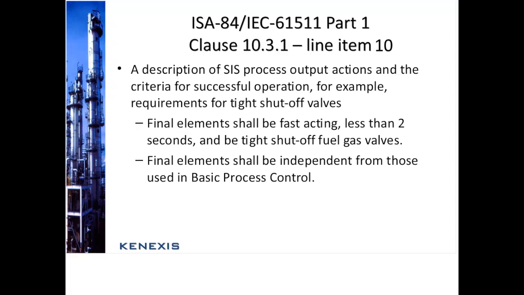So now we have two. Well, it might not be fast acting, so that negates it, and the final element shall be independent from those used in basic process control. Can't use it. So we've defined something that makes very stringent guidelines for the implementation of the actual construction and building of the SIS.